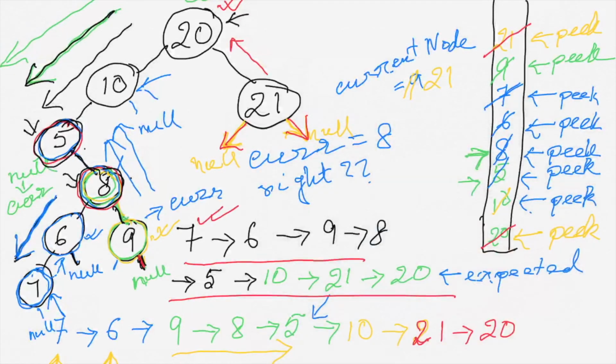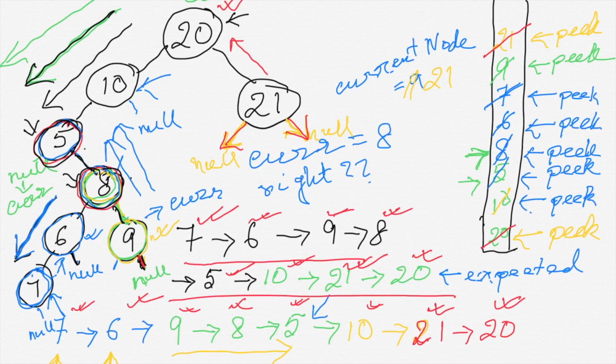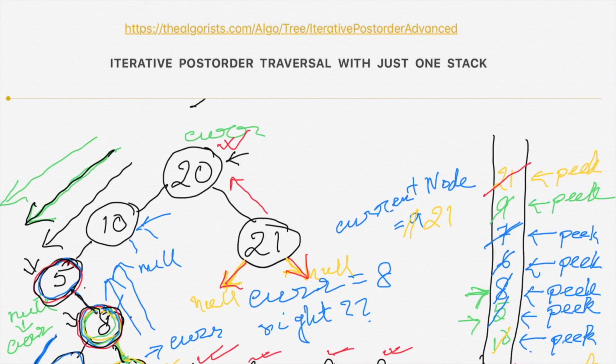So we have 7, followed by 6, followed by 9, then 8, then 5, then 10, then 21, and then 20. So we have gotten the correct result by doing this iterative post order traversal. We will next take a look at how we can implement this in code.